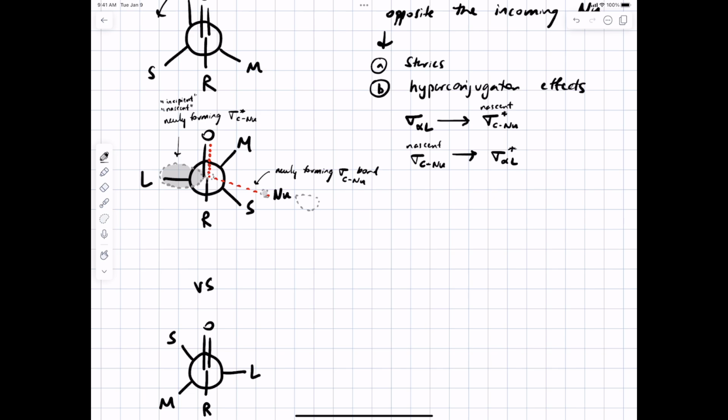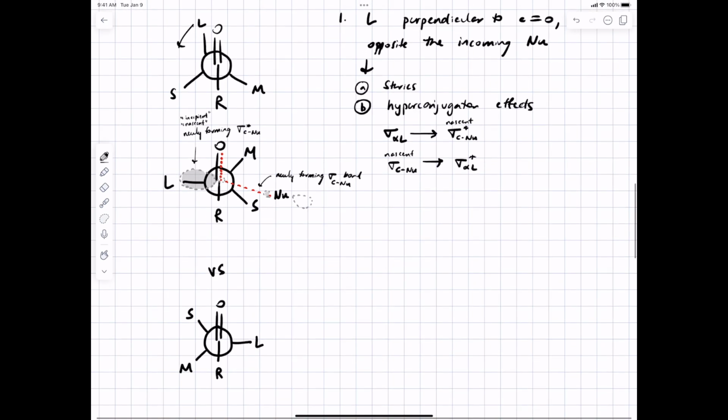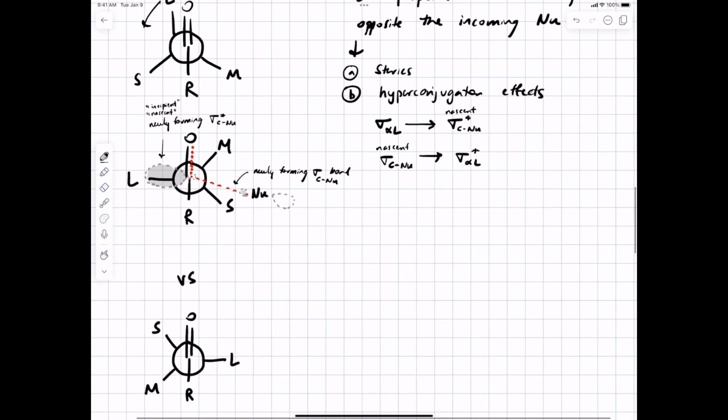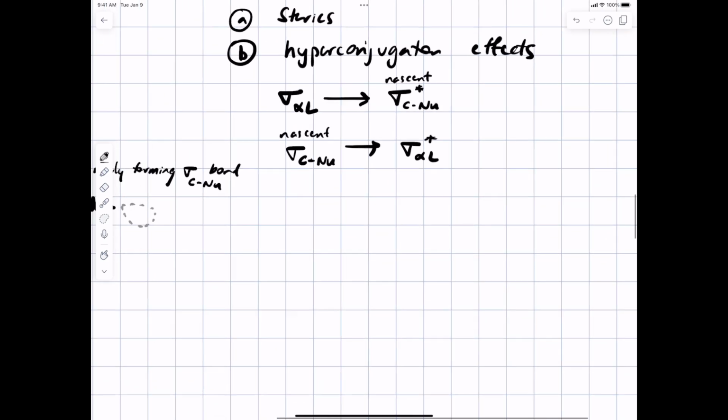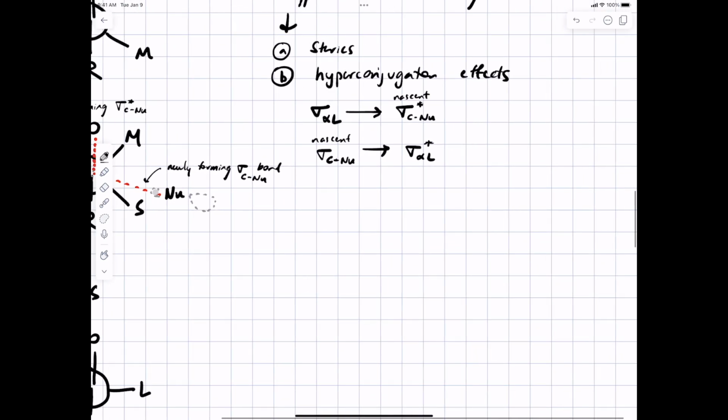Okay? For the most part, you could imagine that either of these two could be stabilizing. So let's talk about when donation to the nascent sigma star might be stabilizing. Okay? Early on, as the nucleophile attacks, the bond isn't very well formed.